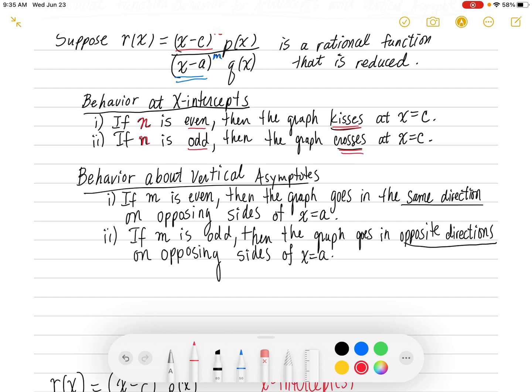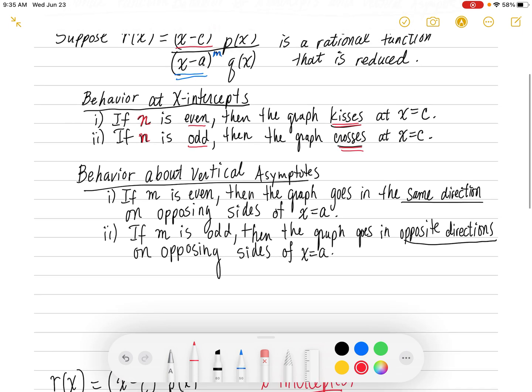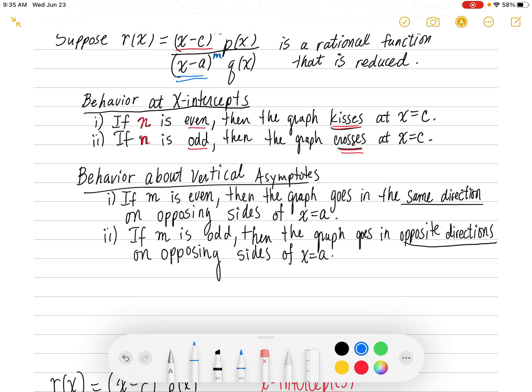It's exactly like with polynomials, no difference with the polynomials. Now, with rational functions, we often have what are called vertical asymptotes.